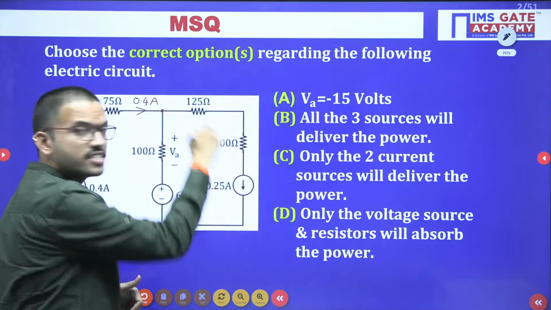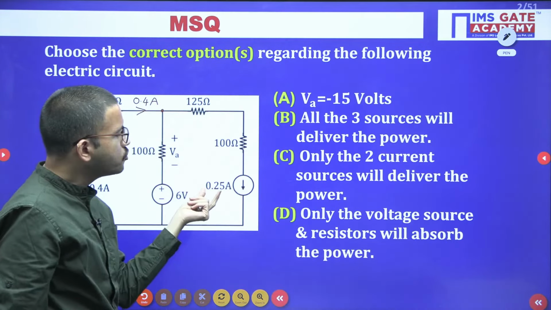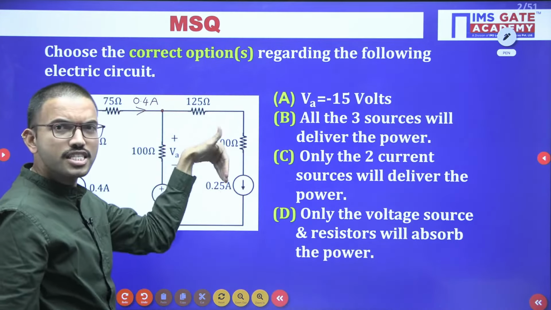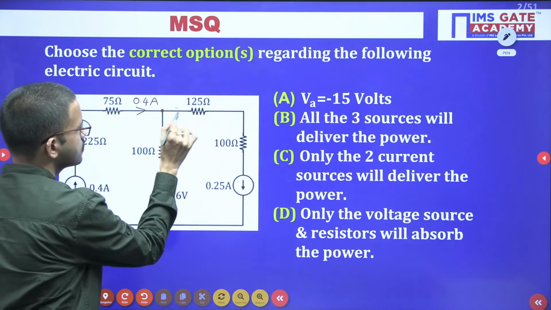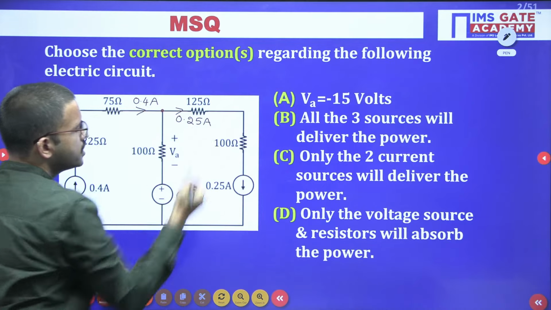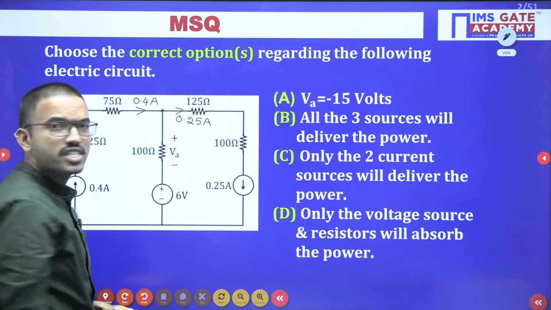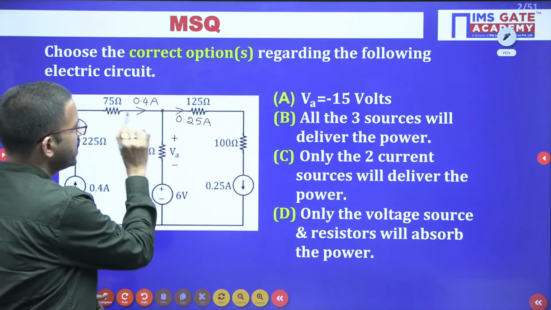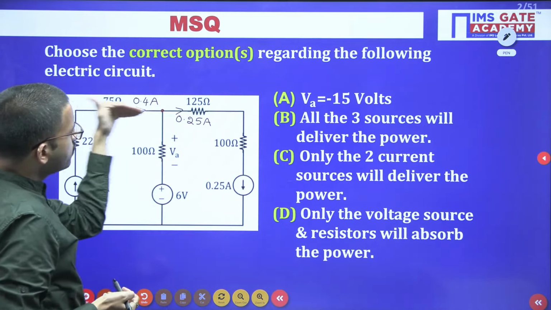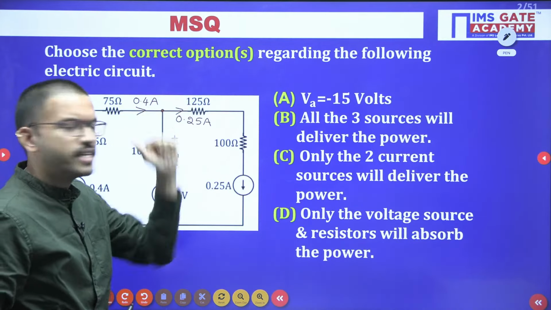And in this branch, they have given the current source, 0.25 ampere flowing. Now you can simply apply KCL at this node. Here 0.4 ampere is entering, out of which 0.25 ampere is leaving.